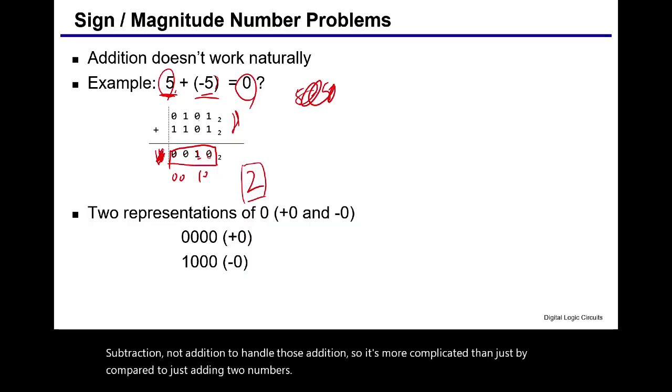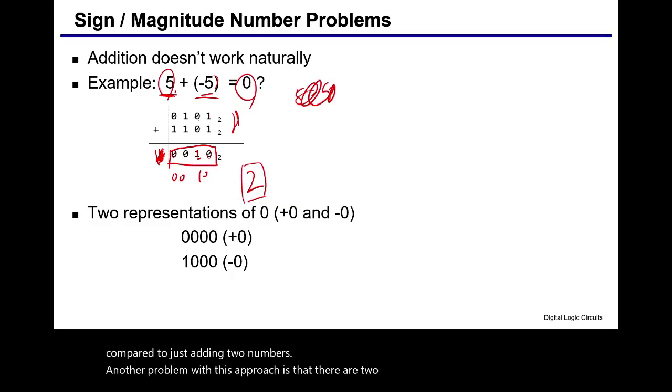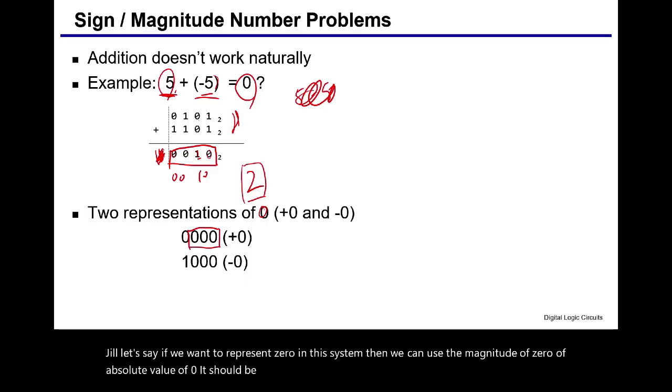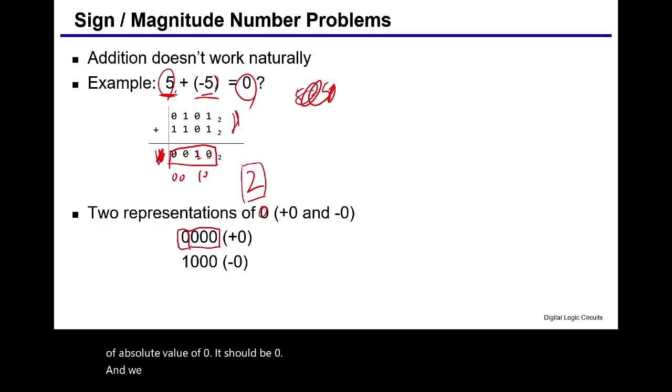Another problem with this approach is that there are two possible representations of 0. If we want to represent 0 in this system, then we can use the magnitude of 0, and we may add 0 as the sign bit, or we may add negative as the sign bit.